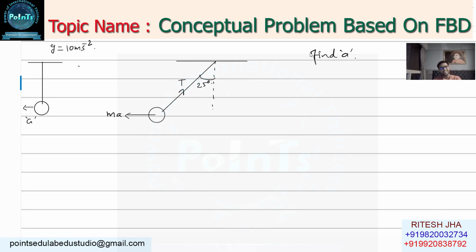Are you sure a sine 25? No, a is not sine 25. T sine 25 is ma. But that wouldn't make sense either way because it's in translational equilibrium. But then again, you could also say that T cos 25 is equal to mg.